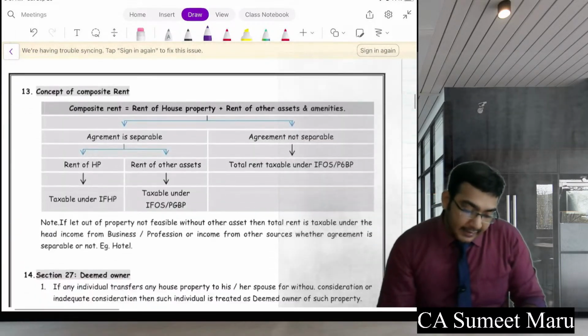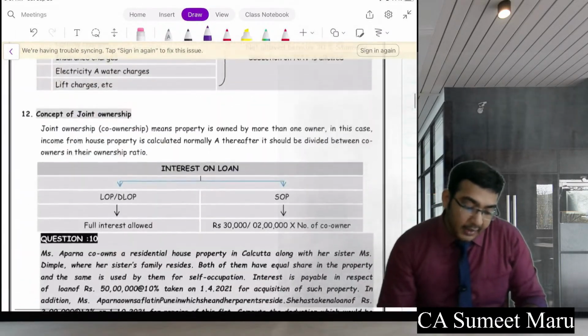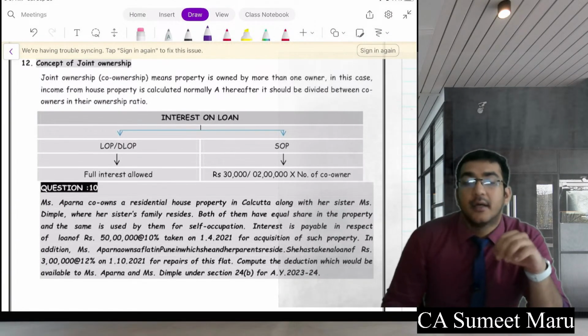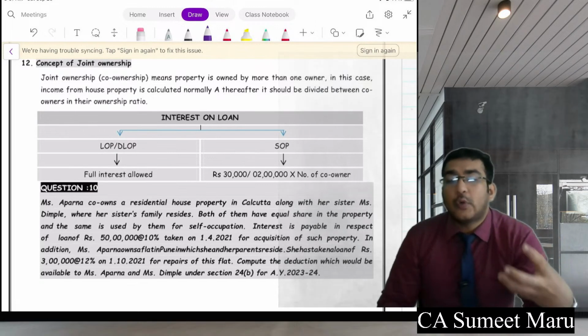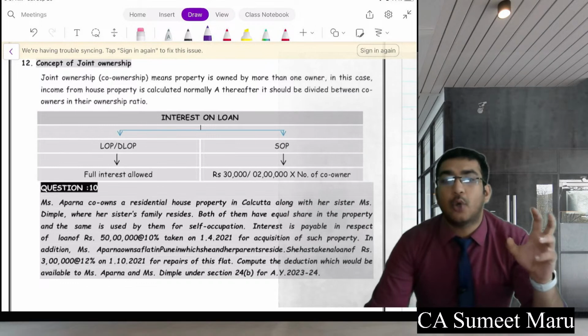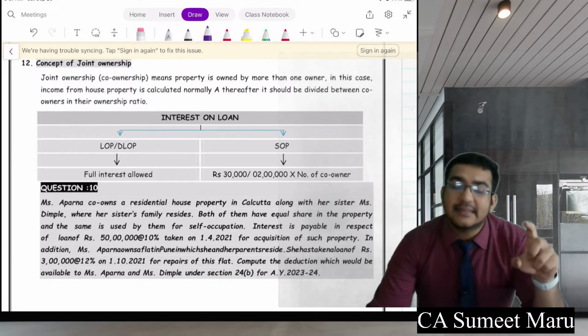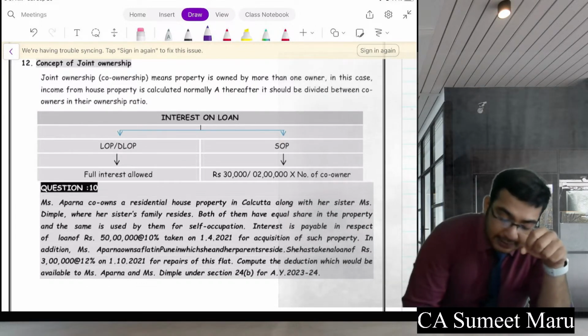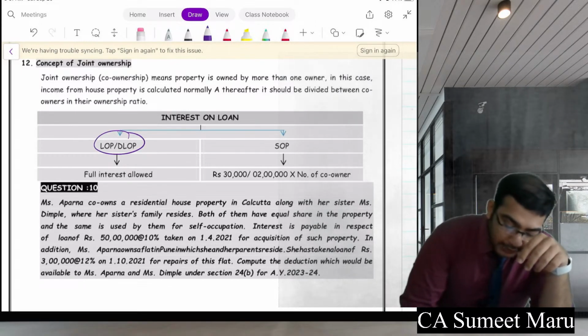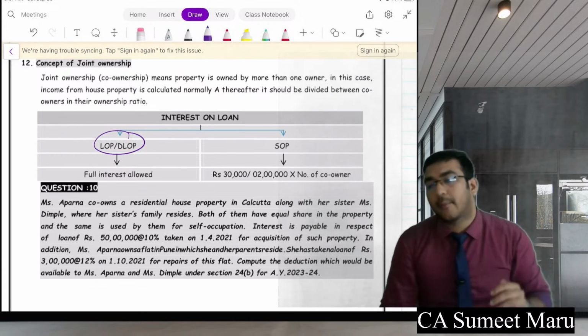Okay, and thereafter the last thing here is the concept of joint ownership. So when you have a house all together with some more persons, it is a jointly owned house, and in this case if this house is let out or deemed to be let out, you solve the question normally.